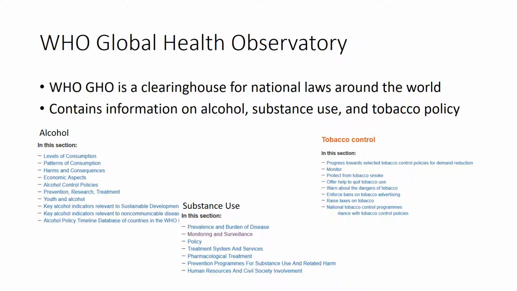So there's information on alcohol policies, on substance use policies, and on tobacco policies, as well as outcomes related to the use of those different substances. And just like the state and local level systems here in the United States, this Global Health Observatory can be used for policy creation and to determine whether a policy has been effective or not.